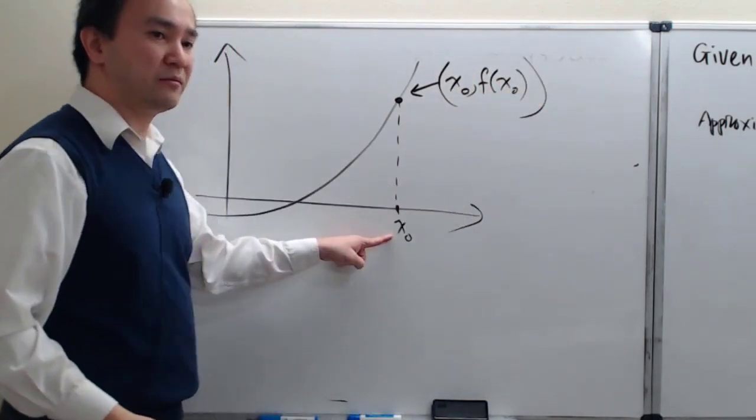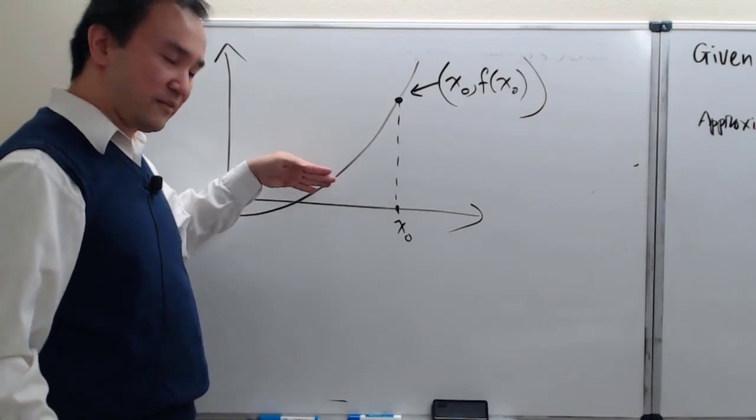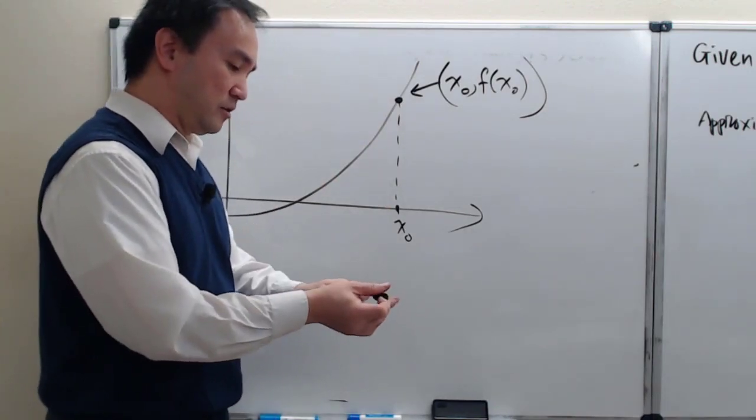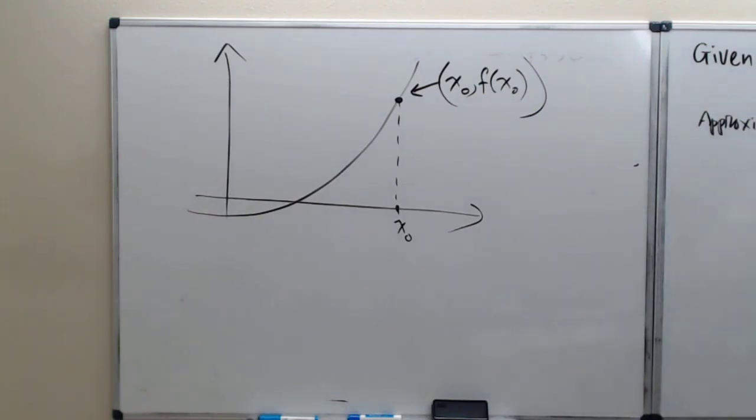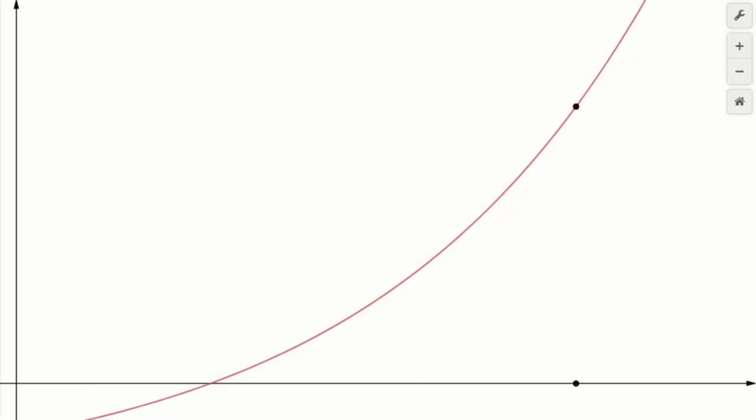That's the coordinates of this actual point on the graph. The Desmos I'm using is still limited in displaying a general description like that, but we'll live with what we have. So that's x sub 0 comma f of x sub 0.